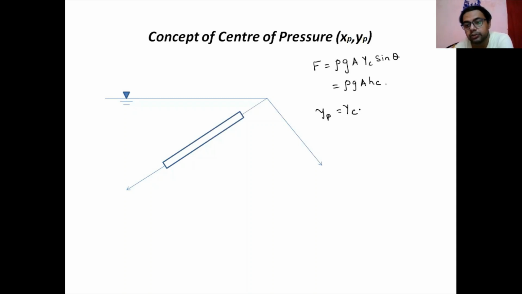So YP is equal to yc plus Icg divided by A yc. What does it mean? YP is greater than yc. So for the center of pressure, if C is here, then P will be here, in the Y location.